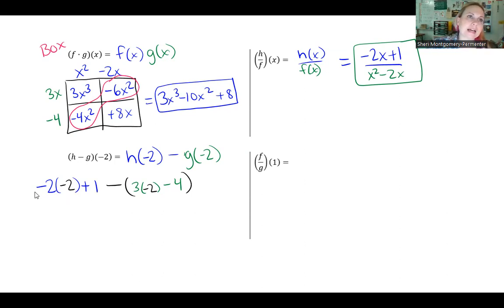But anyways, we've got negative 2 times negative 2, so that will be positive 4 plus 1. I'm going to keep going. I'm going to figure out what's in parentheses. So 3 times negative 2 will be negative 6 minus 4. Okay, now I'm going to keep evaluating. 4 plus 1, that is 5. Minus negative 6 minus 4, that's negative 10.